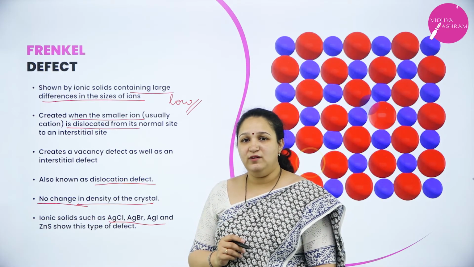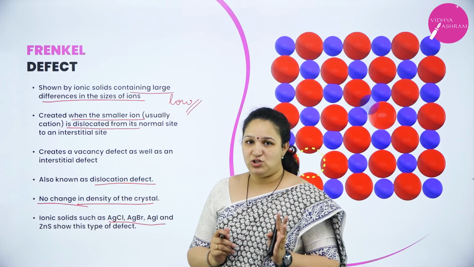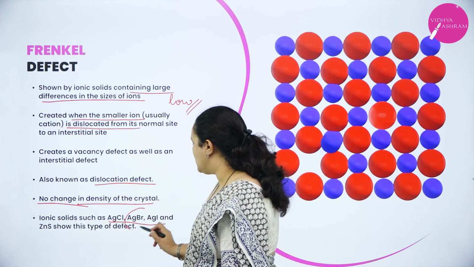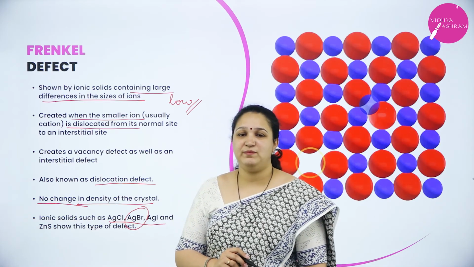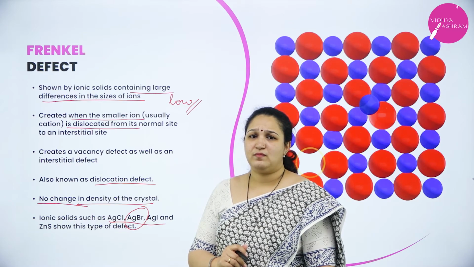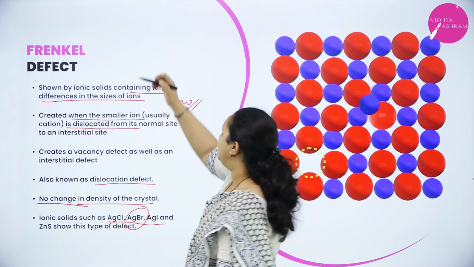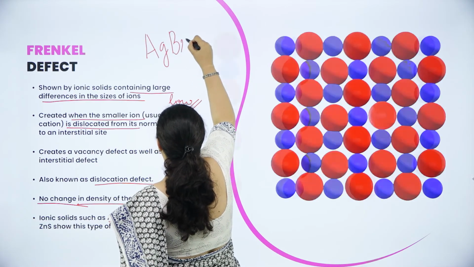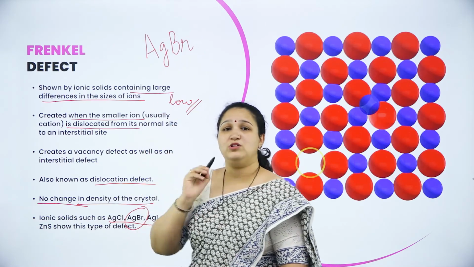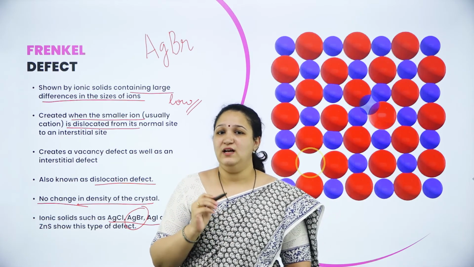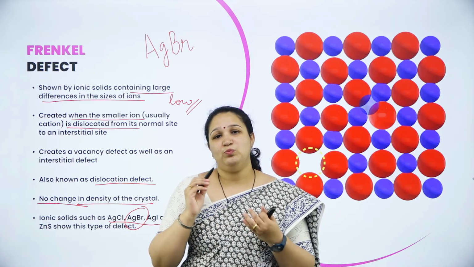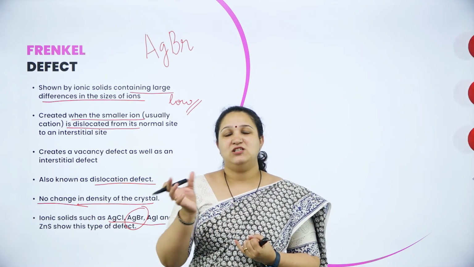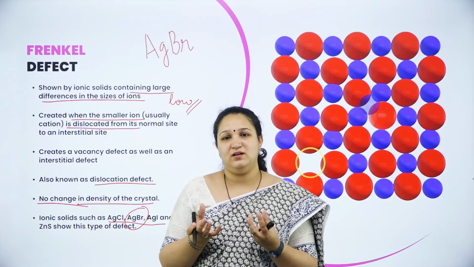Now, if you observe the examples of Schottky defect and Frenkel defect, one was common, that was AgBr. Why? This one solid, silver bromide, can show both Schottky defect and Frenkel defect. Why? It has a large difference in its ionic sizes.